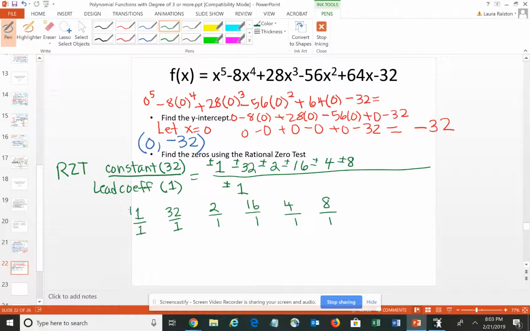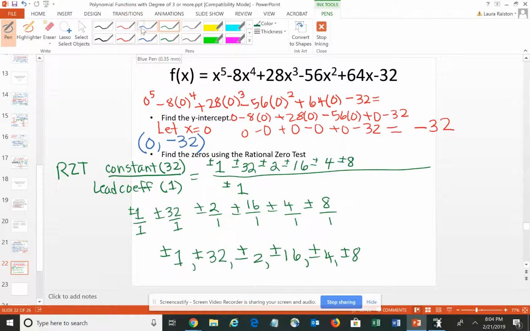And again, we still have the possibility we don't know whether they're positive or negative. So ultimately, I get this list: positive and negative 1, positive and negative 32, positive and negative 2, positive and negative 16, positive and negative 4, positive and negative 8. So what I've done is I have created a list of possible zeros for my polynomial.